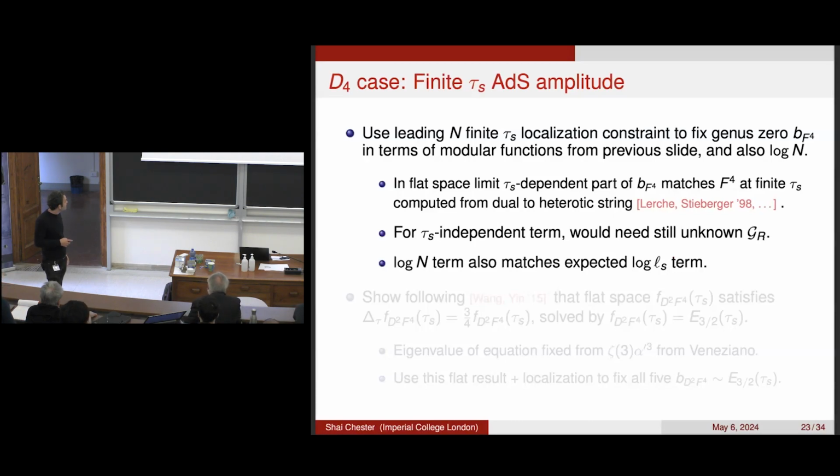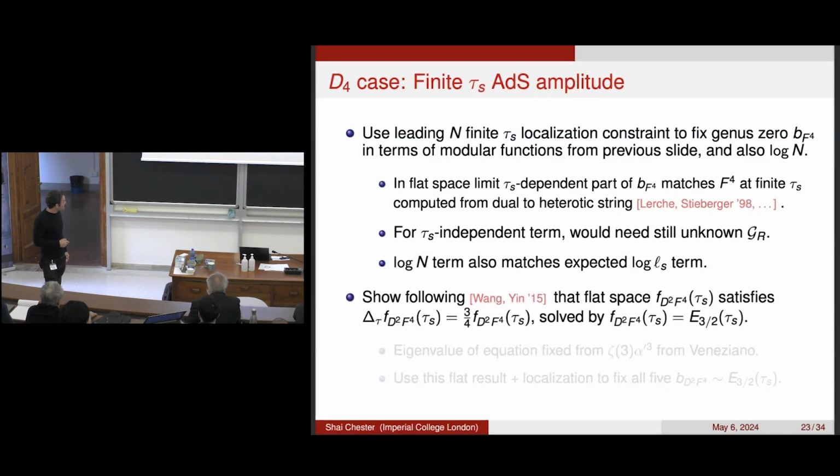Finally, in flat space, it turns out you can compute not just F to the 4, as they did in the late 90s, but you could also compute this other protected term, D squared F to the 4. So we did this in our paper, inspired by a paper by Shai and Yifan Wang from a few years ago. Basically, we wrote down some covariant modular differential equation, and then we know the leading perturbative term, and so we found that the solution is a non-holomorphic Eisenstein series.